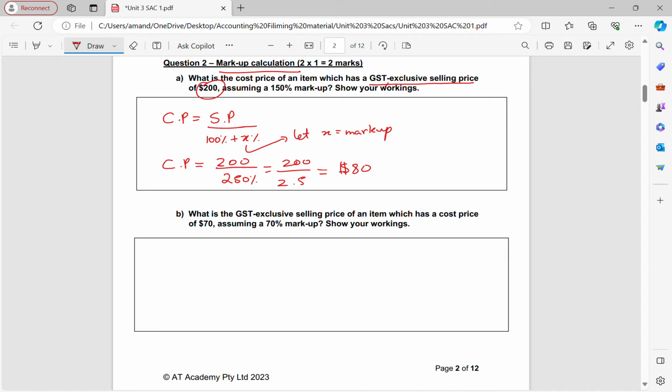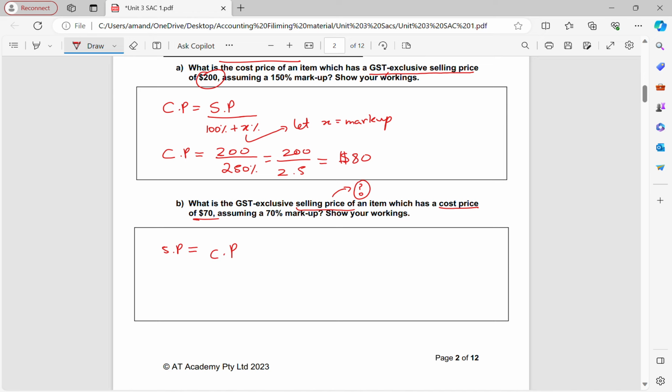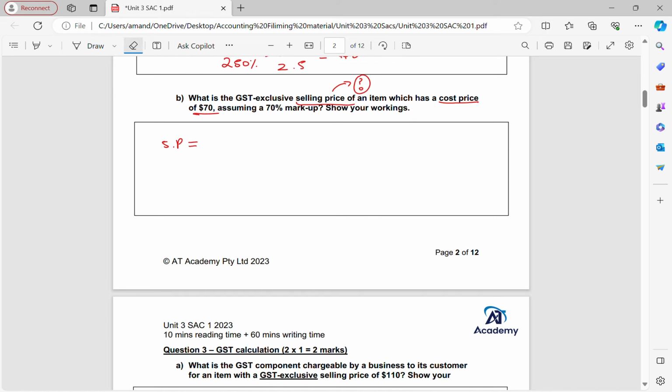What is the GST exclusive selling price of an item which has a cost price? Again, here we want the selling price. This part is the unknown, and we already know the cost price is 70. So here we use another formula, which is this inverted. When you rearrange this formula, selling price equals cost price. Oops, I'm so bad at this, guys. Sorry, it'll take me a couple times. I'll get there eventually.